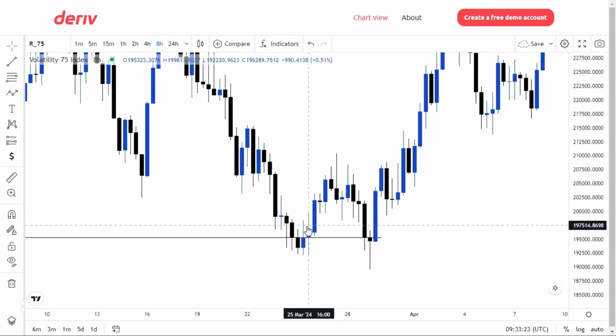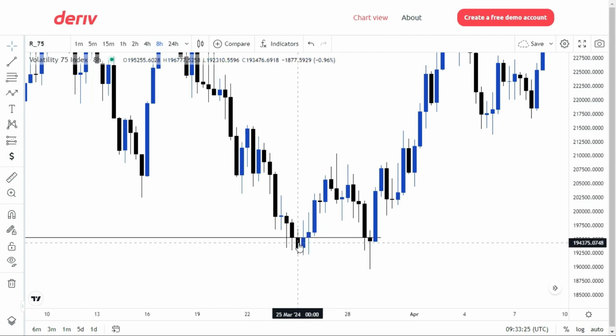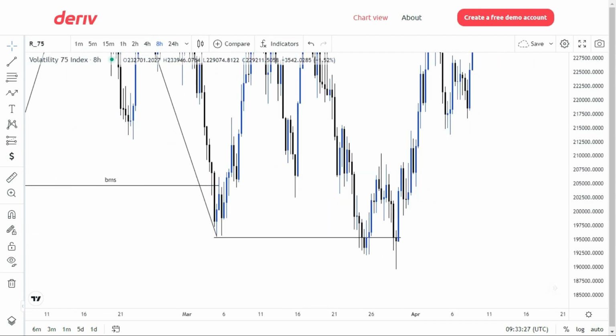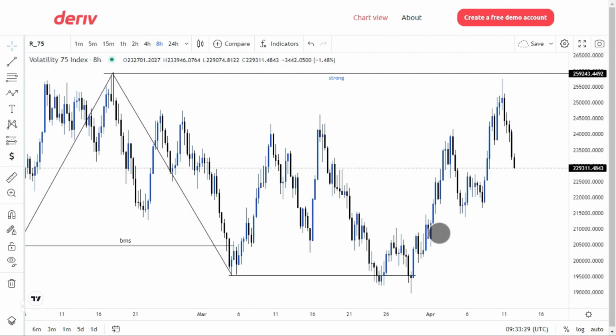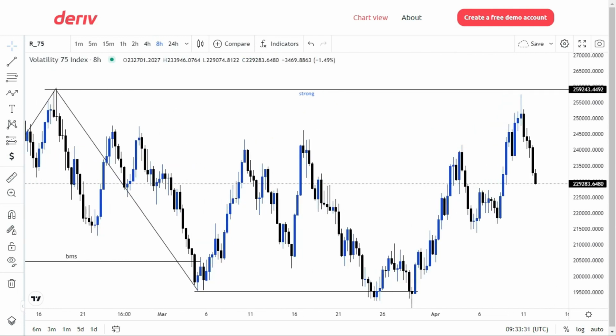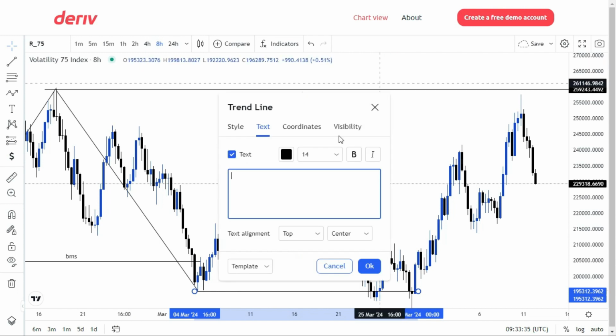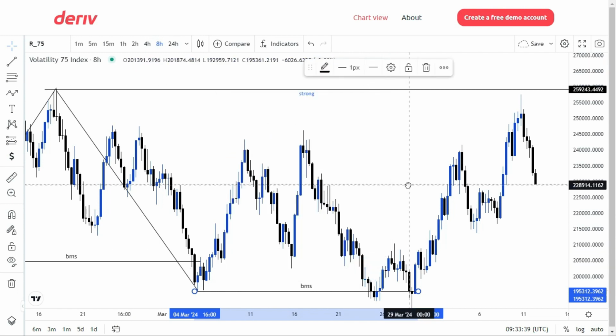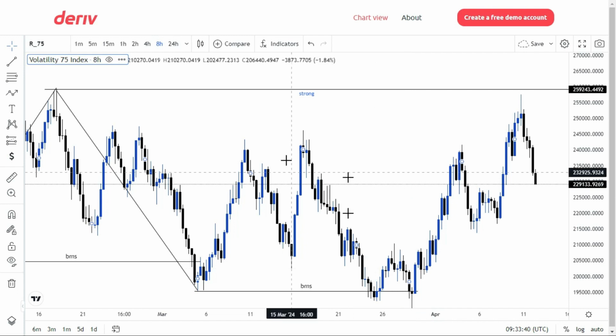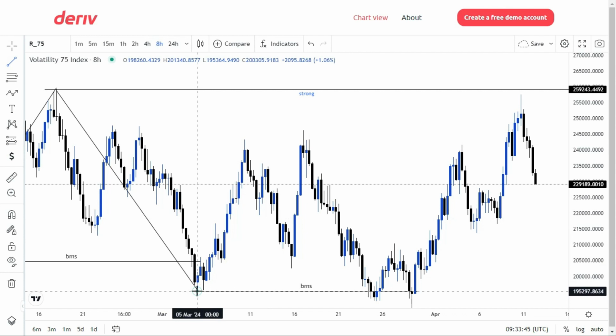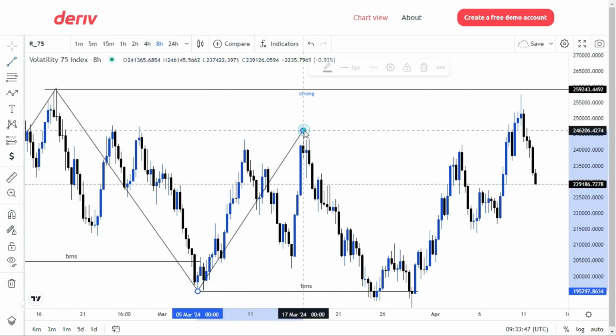So this becomes another BMS, or break in market structure. The move that caused this break came after we had this corrective move, the highest point being that. Then the high that is causing the break in market structure is this one, where I have to consider the lowest point.